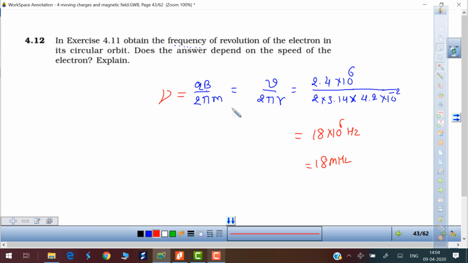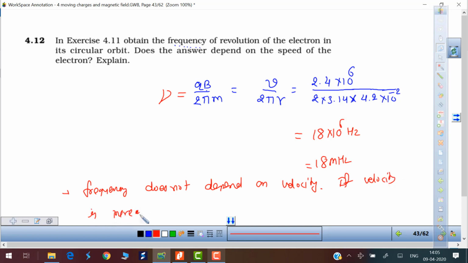Then does the answer depend on speed? No, it doesn't depend on speed. So frequency does not depend on velocity. If velocity is increased, then the radius also increases linearly.